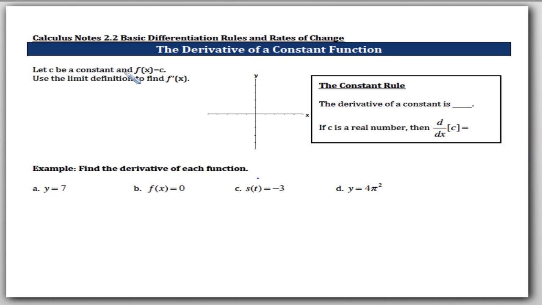So it says let c be a constant and let f of x equal c. So here it just equals some number. And it says use the limit definition to find f prime of x. So all we have to do here is just start with our limit as delta x goes to 0.